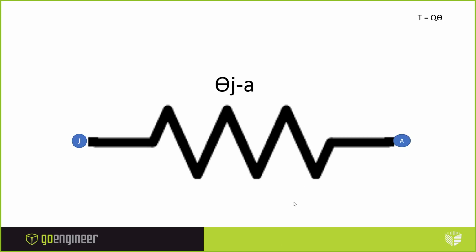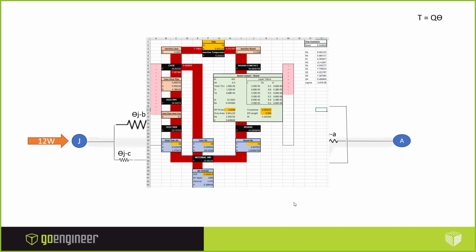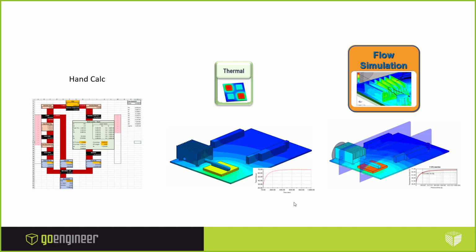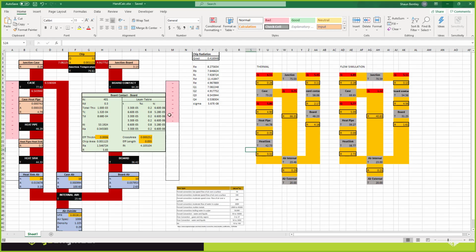Okay. Now actually, thermal circuits are quite a bit more complicated than just one resistor, or just a series of resistors. This one looks a little more like the one I'm about to show you in our hand calculation. So let me go ahead and pull that up now and show you the rough idea. Here I've modeled the chip. The chip generates 12 watts.